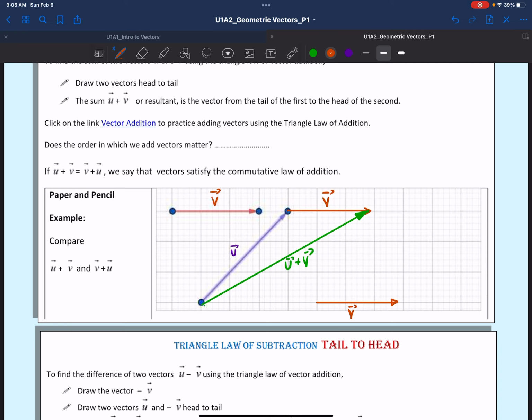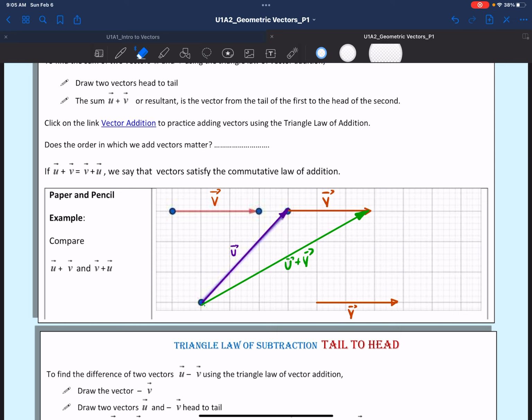This is vector v, the starting vector. Now I'm going to add vector u to it. I'm drawing the exact same vector u, the vector that is added to vector v.